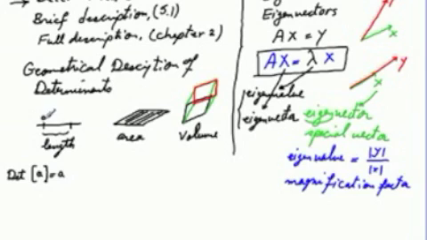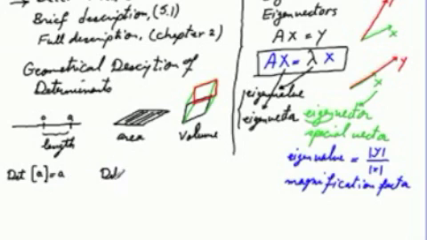That could be just the length of a line segment that starts from 0 to A. Now A could be on the positive side or on the negative side, so this can turn out to be a positive or negative number, but the determinant of a single number is just that number itself.